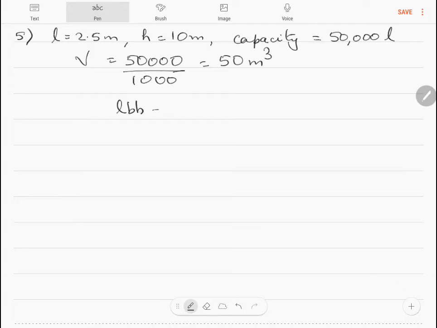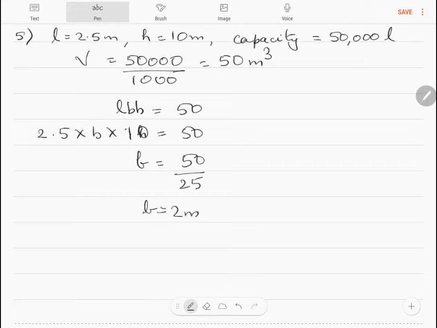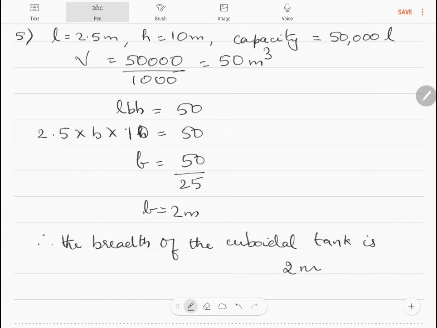Now the volume LBH is equal to 50. Substituting the values, 2.5 into B into H value 10 is equal to 50. So B is equal to 50 by 25, 2.5 into 10. Now B is equal to 2 meters. Therefore, the breadth of the cuboidal tank is 2 meters.